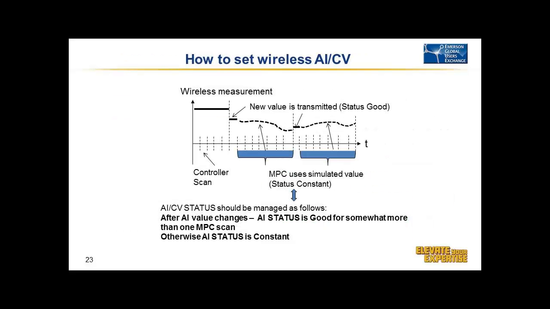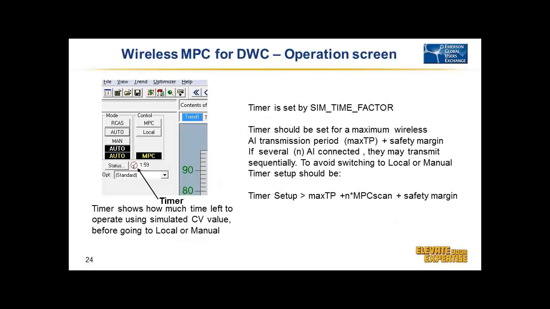So that's what I discussed already, how we're setting that status for wireless control. It's exactly similar or the same as for lab measurement. The operator screen has a timer embedded here.